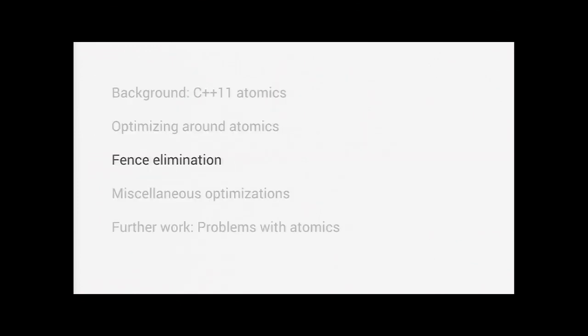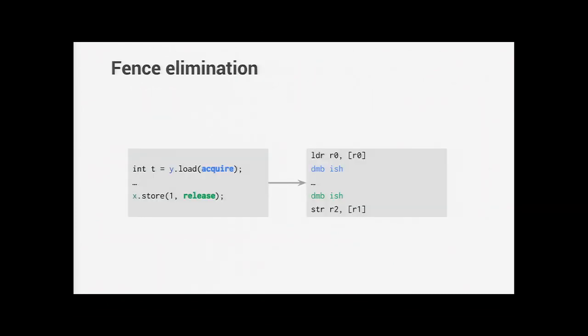So this was about optimizations around atomics, but one of these questions is can you optimize the fences themselves? And actually, yes, you have lots of opportunities, because by default, a compiler just sees, OK, this is an acquire, so I am on ARM, so I must add a fence just after it, and this is a release, so I must add a fence just before it.